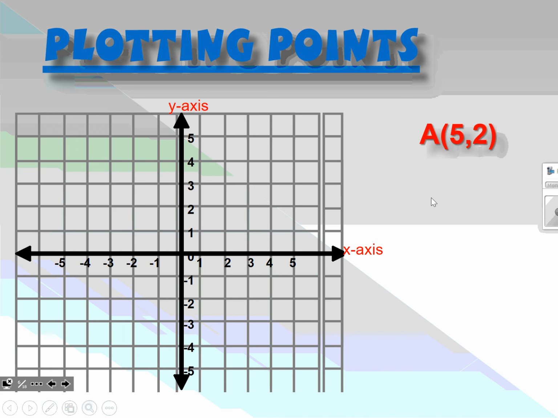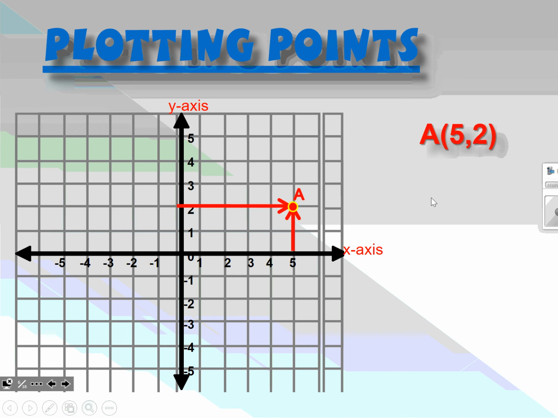According to the x-axis, it's 5. According to the y-axis, it's 2. So A should be located right there. Do not draw the arrows. I just put it there as a reference.